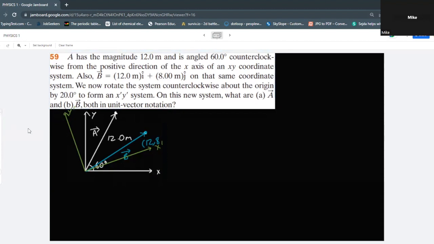On the coordinate system. Okay. Easy. Convert D into polar coordinates. So let me just check.